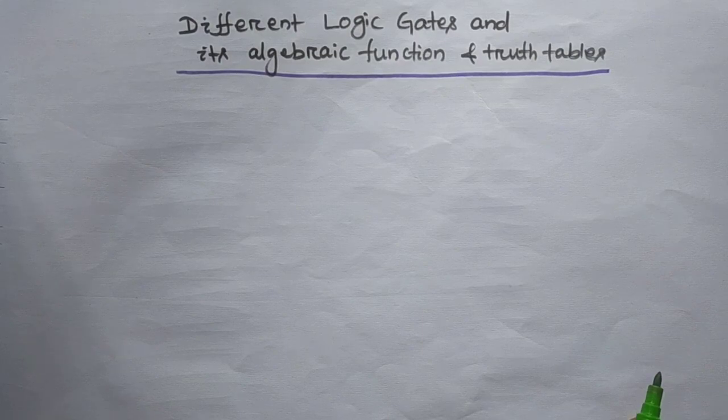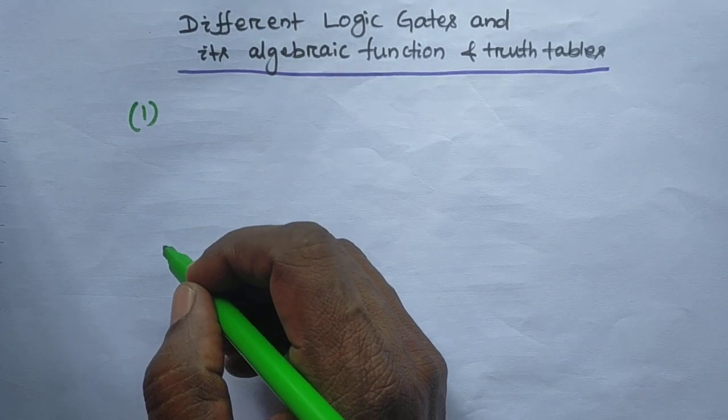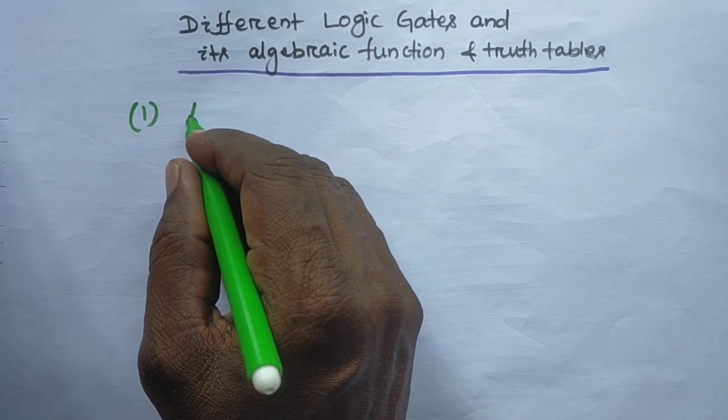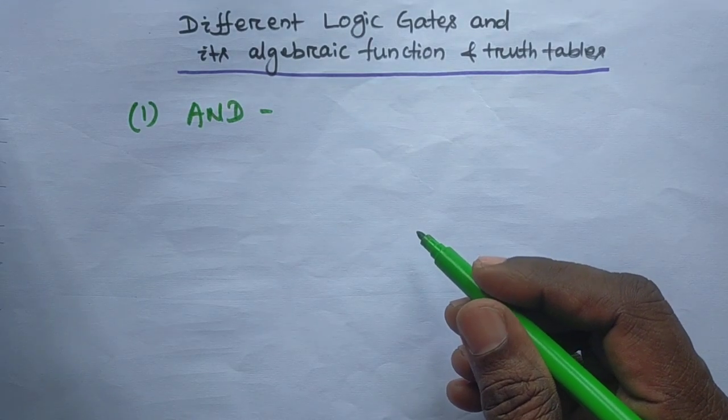So now we will start with the AND gate. Very simple way we define the AND gate.